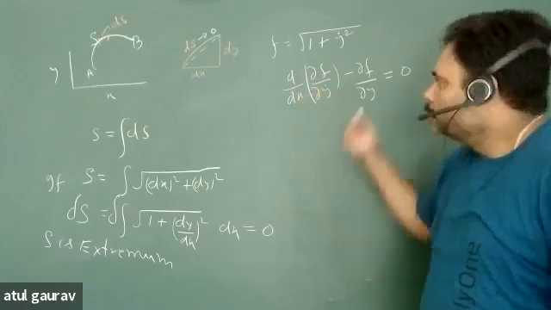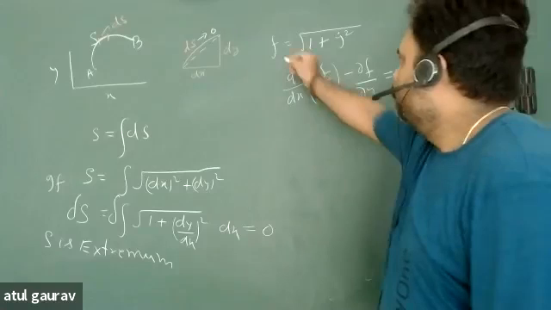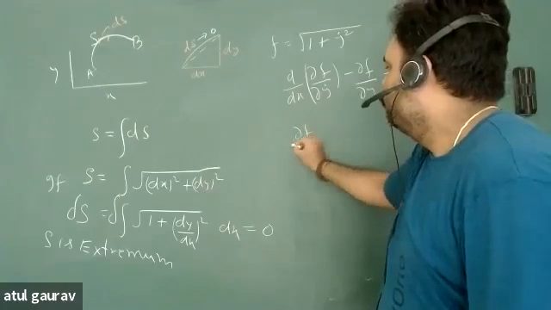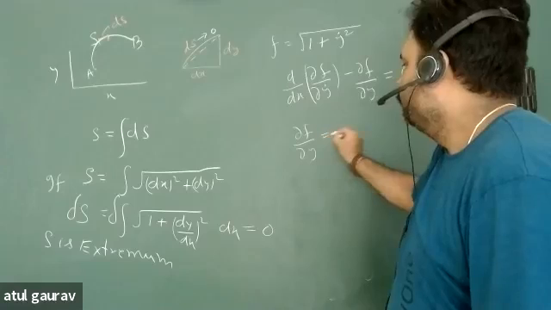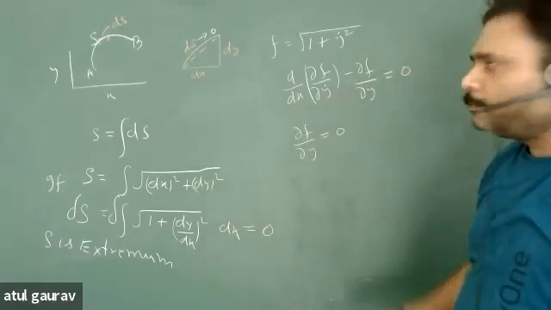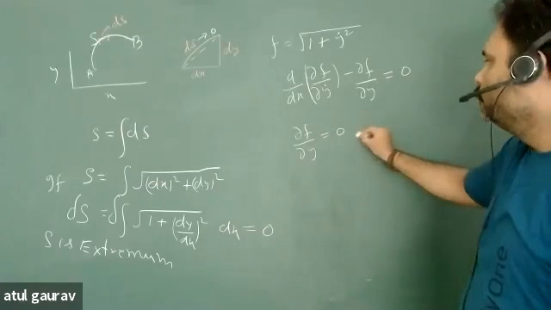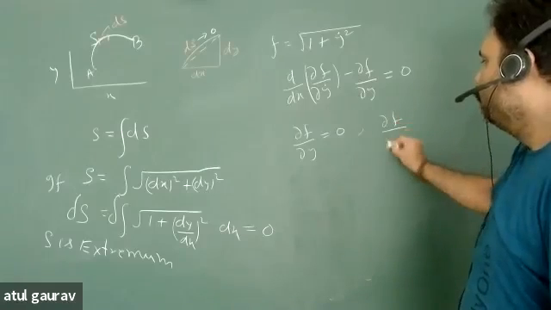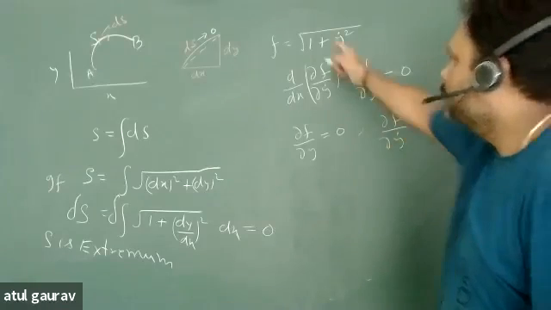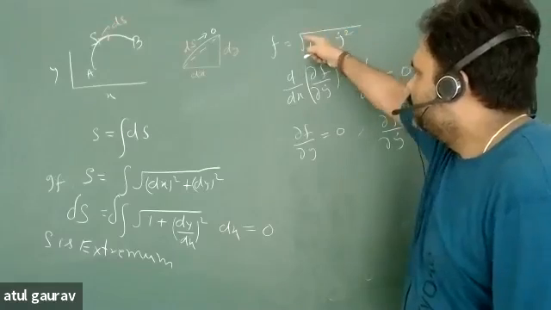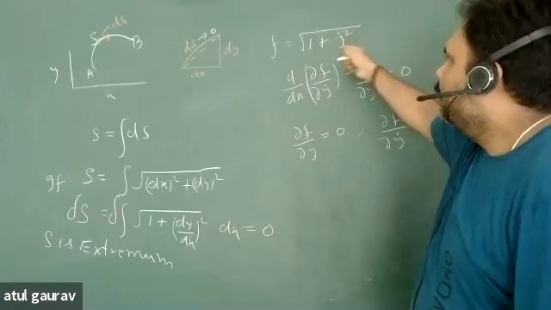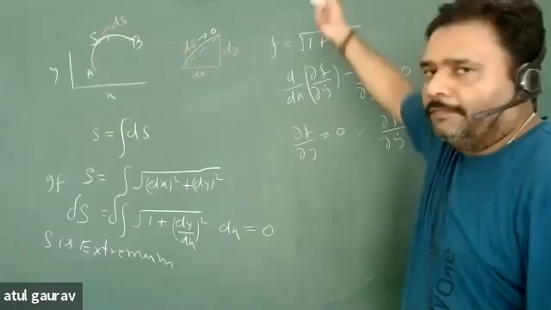So if this is my f, then del f upon del y must be equal to 0, and del f upon del y dot you can just differentiate. First I will differentiate the root, so half will be there. Then I have to differentiate y dot, then 2 will be there.